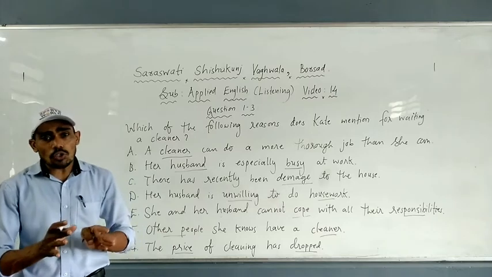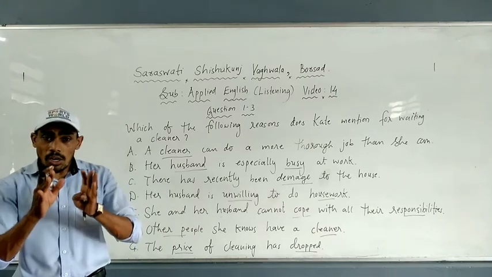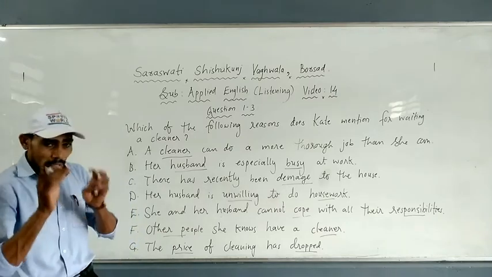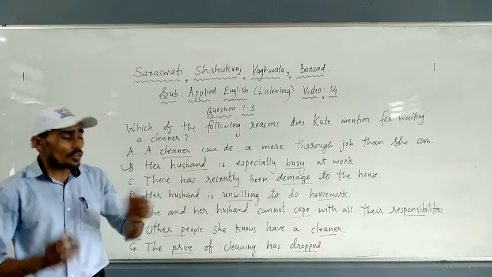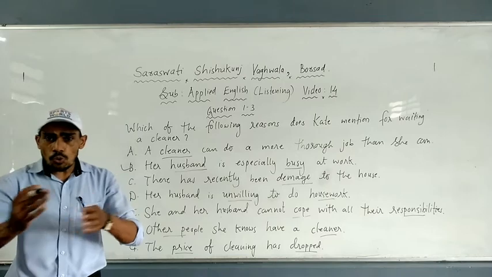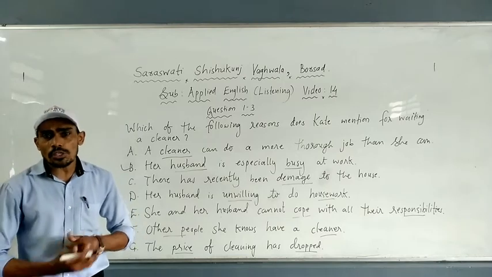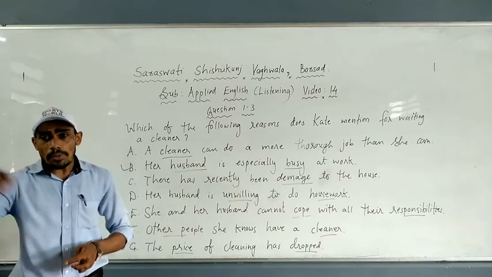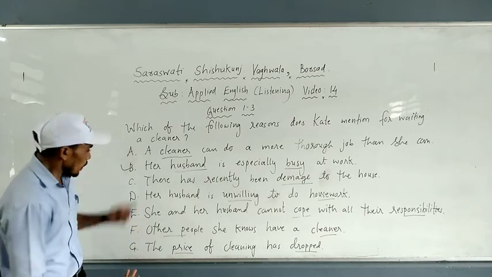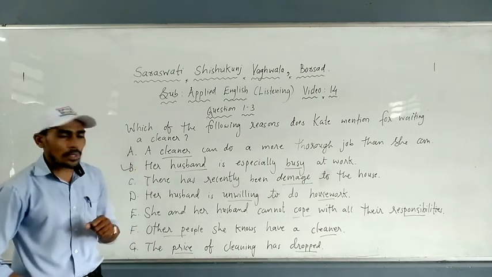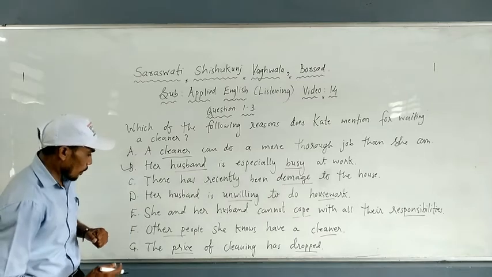So after 8 o'clock also her husband is not at home. He is very busy. And what is the correct answer? The option is her husband is especially busy at work. So due to his busy schedule, he cannot be at home or he cannot help her. So what is the correct option? Her husband is especially busy at work. Okay.